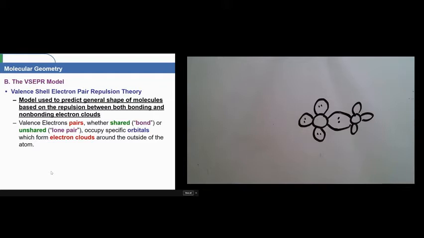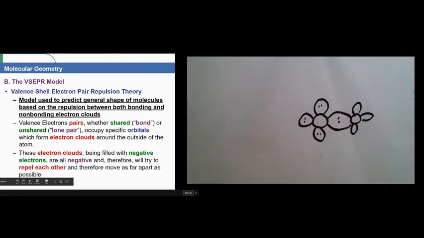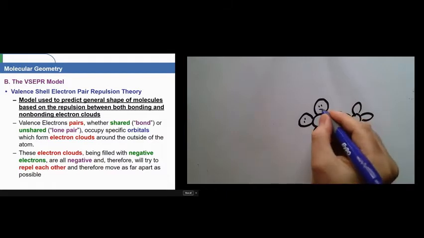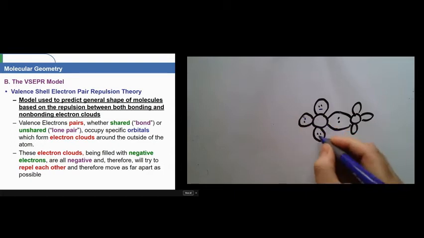All right, whether they're shared or unshared, they still are in these orbitals. But these electron clouds, being filled with negative electrons, are negative themselves. All right, so this cloud being filled with electrons is negative. This one's negative. This one's negative.